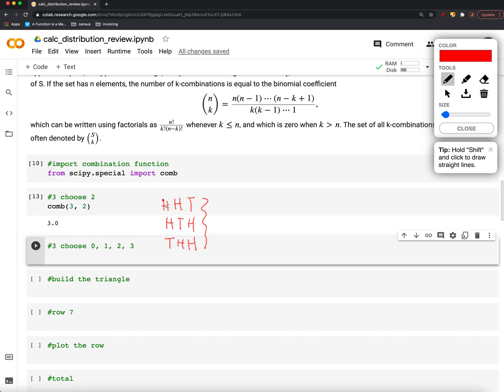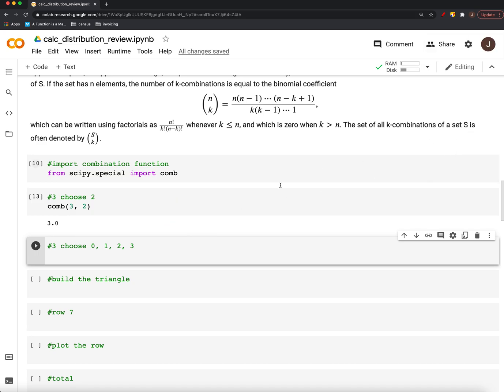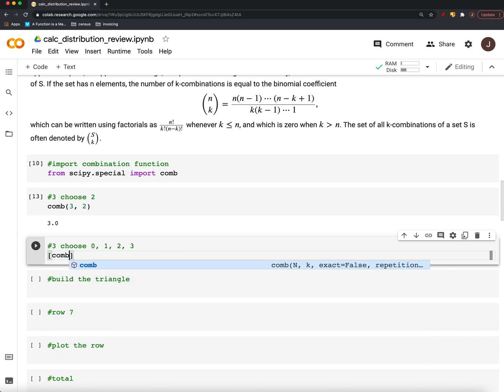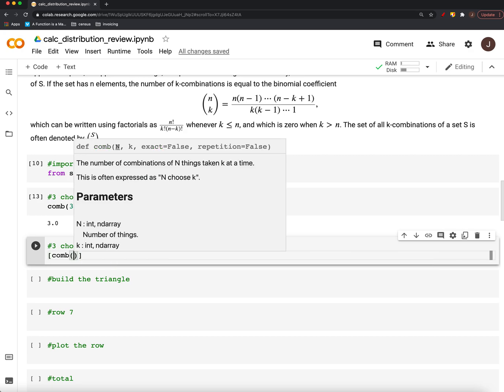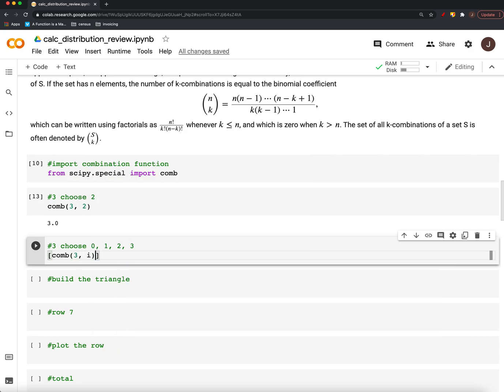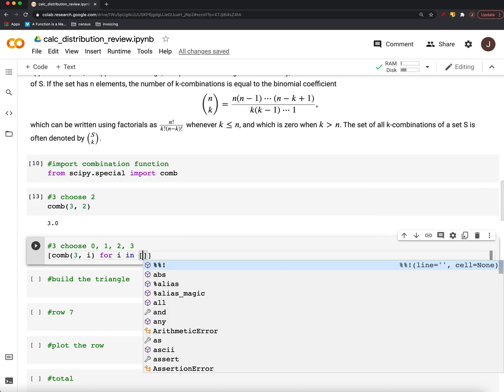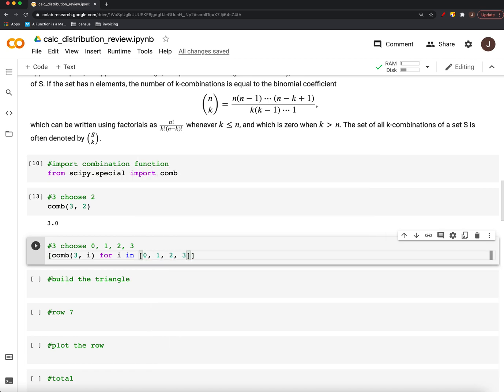But if we toss 3 coins, there's more outcomes that could happen. Not only could we get 2, right? We could get 0 heads, we could get 1 head, we could get 2 heads, or we could get 3 heads. So oftentimes we're going to be interested in all of these outcomes. So we would do something like, for the 3 example, we're choosing some number i from 0, 1, 2, and 3.